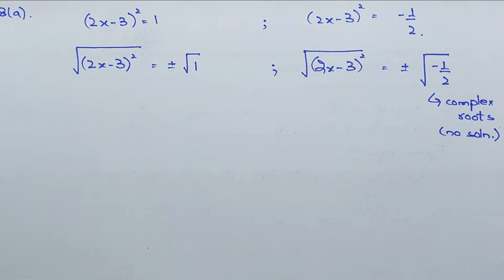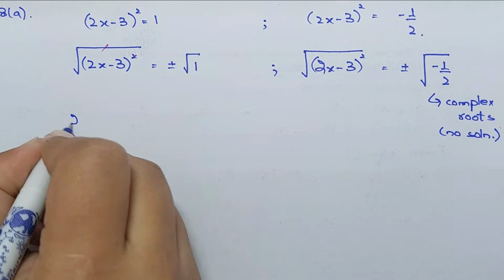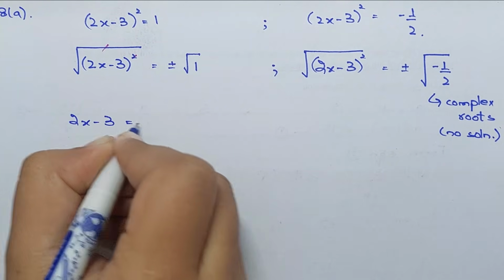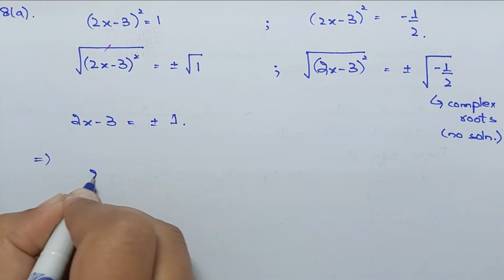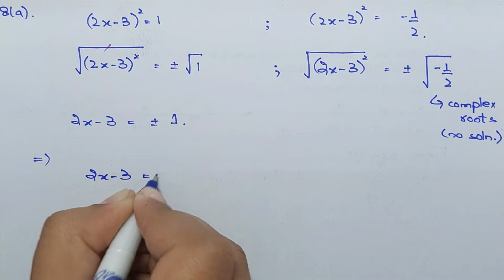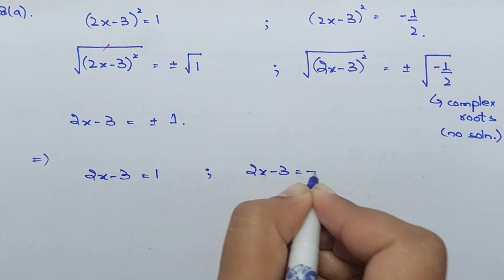Okay, so we can say this square and the square root is cancelled out. So we have 2x minus 3 would be equals to plus minus root 1 is just 1. So from here 2x minus 3 is 1 or 2x minus 3 is negative 1.